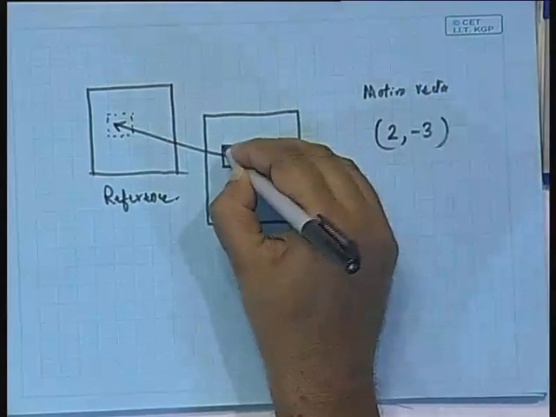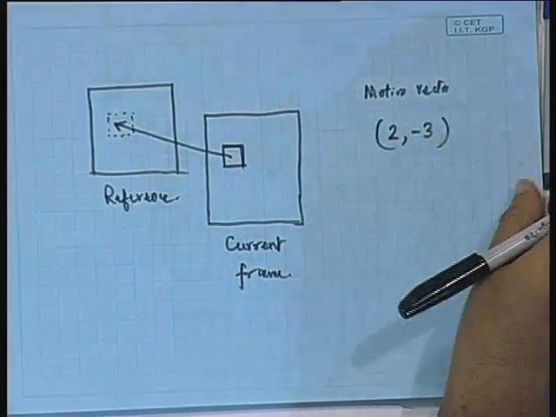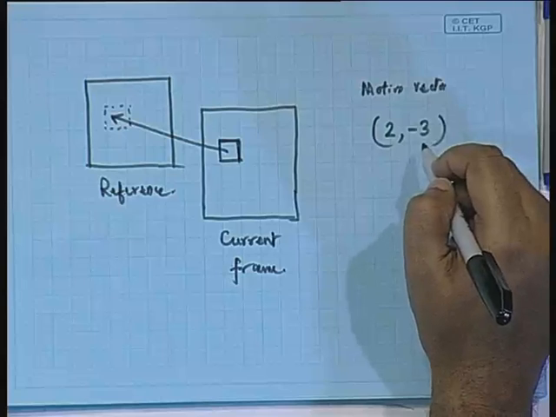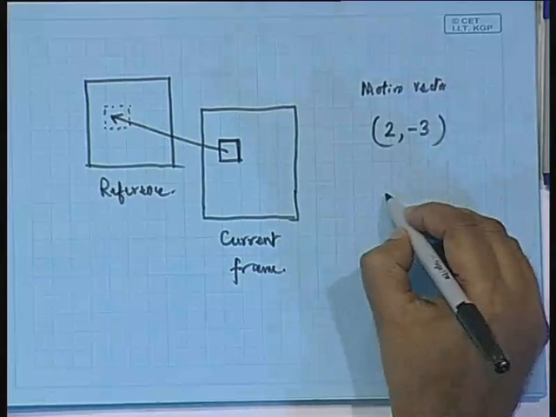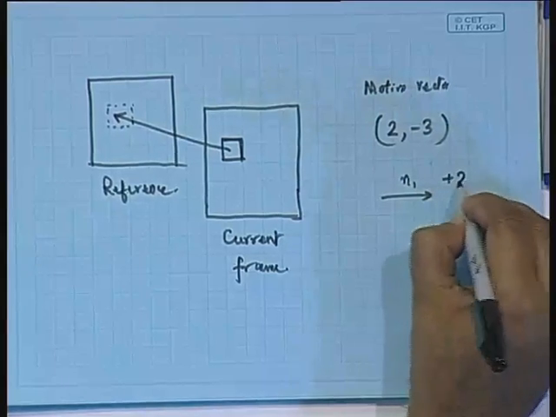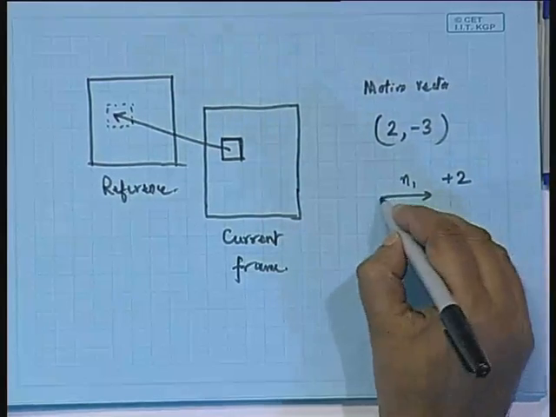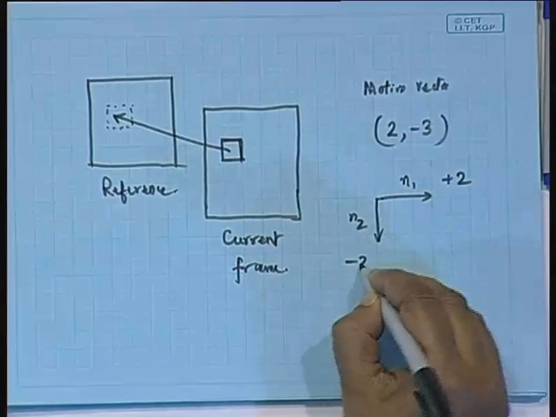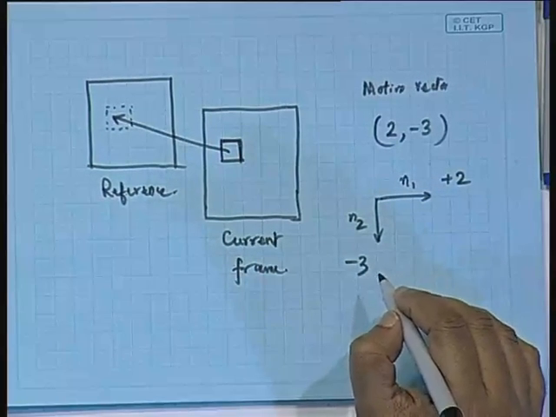That I take a candidate block, and I apply a displacement of plus 2 units in the n1 direction, and in the n2 direction I apply a displacement of minus 3 units.